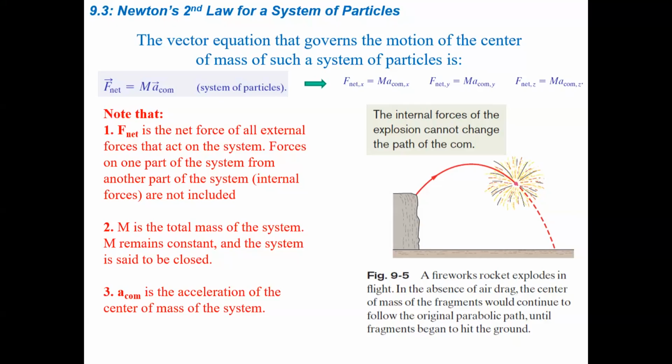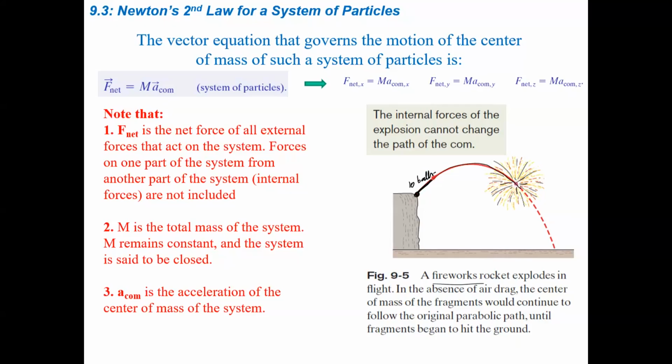Let's say my system starts here. Let's say I have a combination of 10 balls. I threw 10 balls in a projectile motion. And as these balls move, they fragment apart from each other, such as this fireworks rocket, actually, which explodes in flight. So the rocket was moving as one object, but then it explodes.